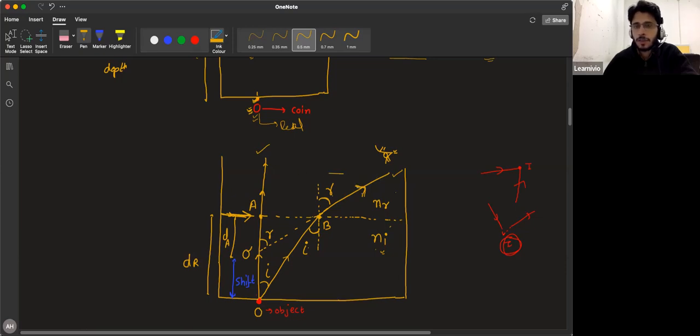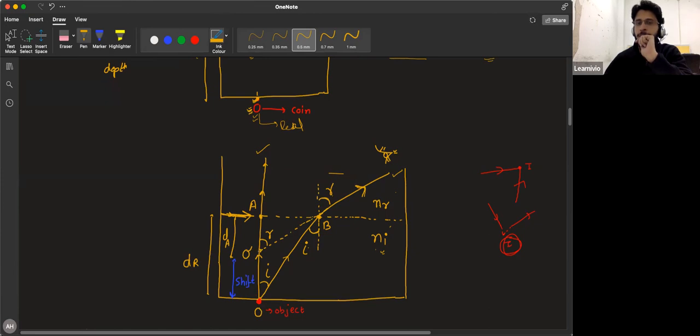Just look at these two rays. Are these two rays converging or diverging? They diverge. Diverging rays will not meet anywhere, so they will never make a real image. But if you produce these rays in the backward direction, they appear to meet over this point.